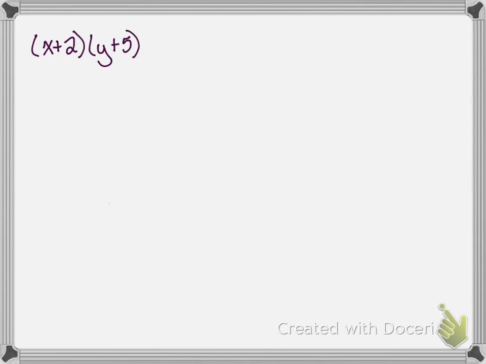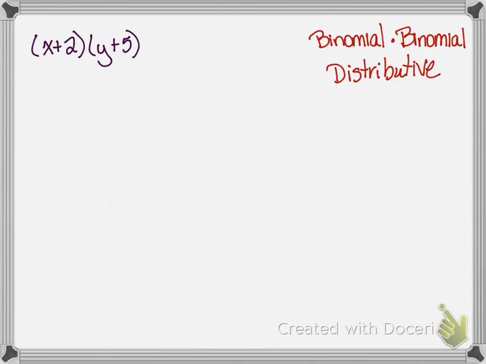This is a binomial times a binomial. That means 2 terms times 2 terms. And we see this a lot. We see 2 binomials multiplied together a lot. We are using the distributive property, but we are using a special case of it, because we use it so much it's got a special name, and it's called FOIL.